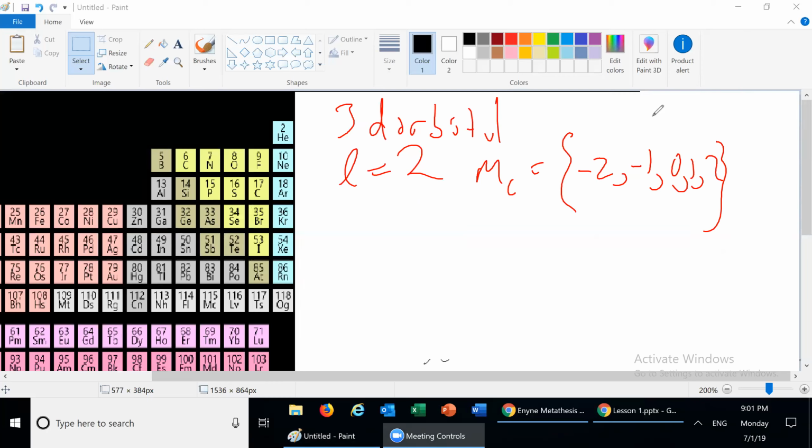Okay, so we have 5 possible values for m sub L, right? That means there are 5 different orbitals, because each one of these 3 quantum numbers corresponds to an orbital.